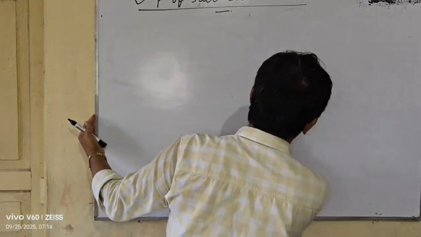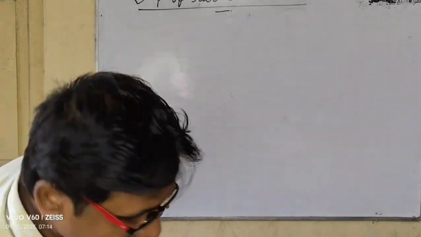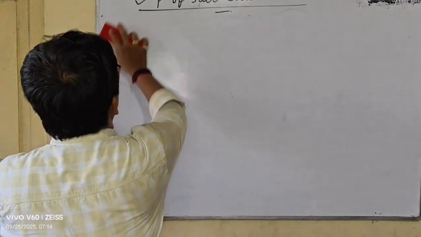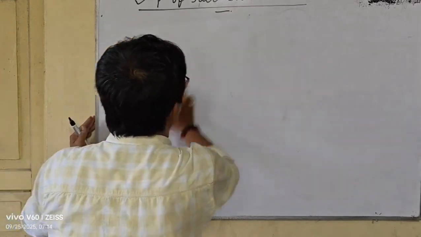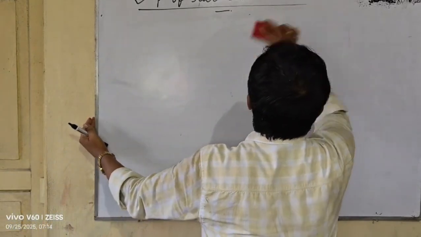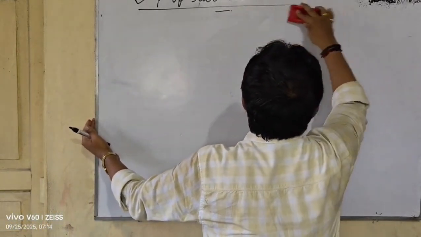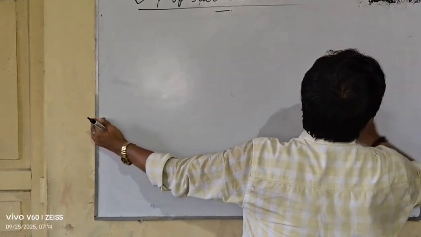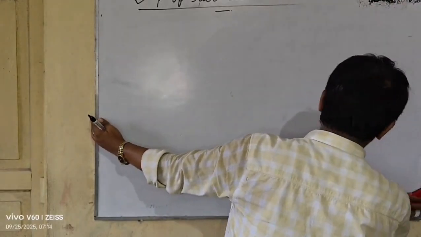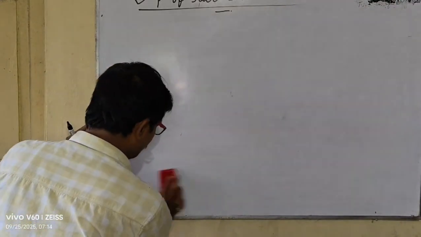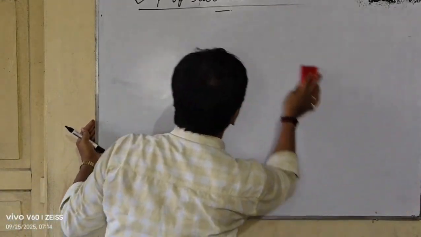We already read these things in the previous topic. So my dear student, I am going to make it clear, the hydrolysis of salts, which we are discussing in this topic.